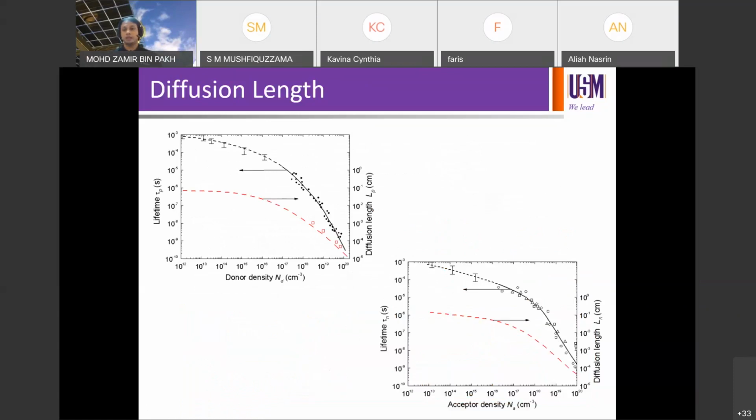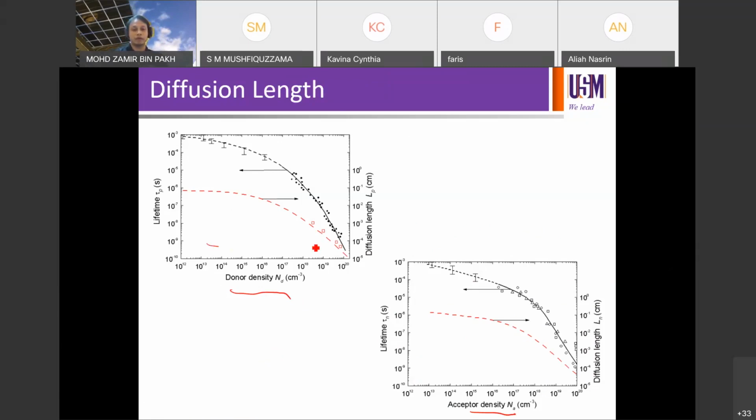So this is an example. If you look at the lifetime and diffusion length on the y-axis, primary and secondary axis, and donor density, which is the doping level for ND and NA, the donor and acceptor, on the x-axis, right? We can see that generally we have reduced carrier lifetime and diffusion length at higher doping level.